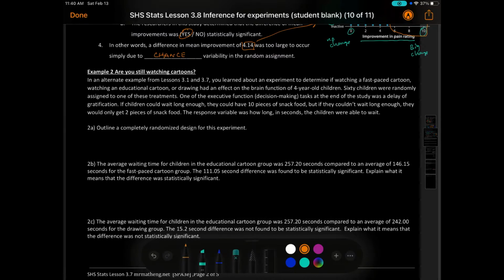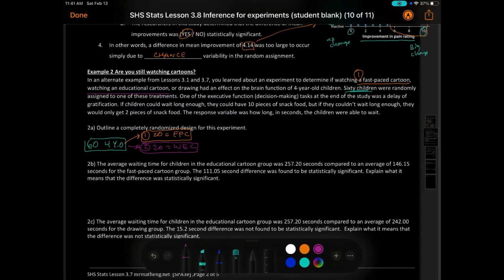All right, so we got 60 children, four-year-olds, and they were placed into 3 groups. 20 go into the fast-paced cartoon. 20 go into watching an educational cartoon.